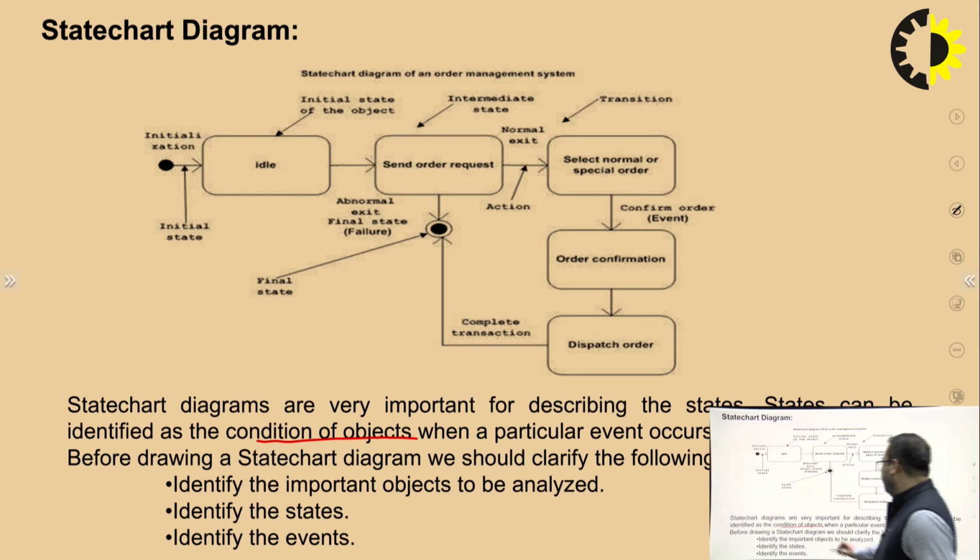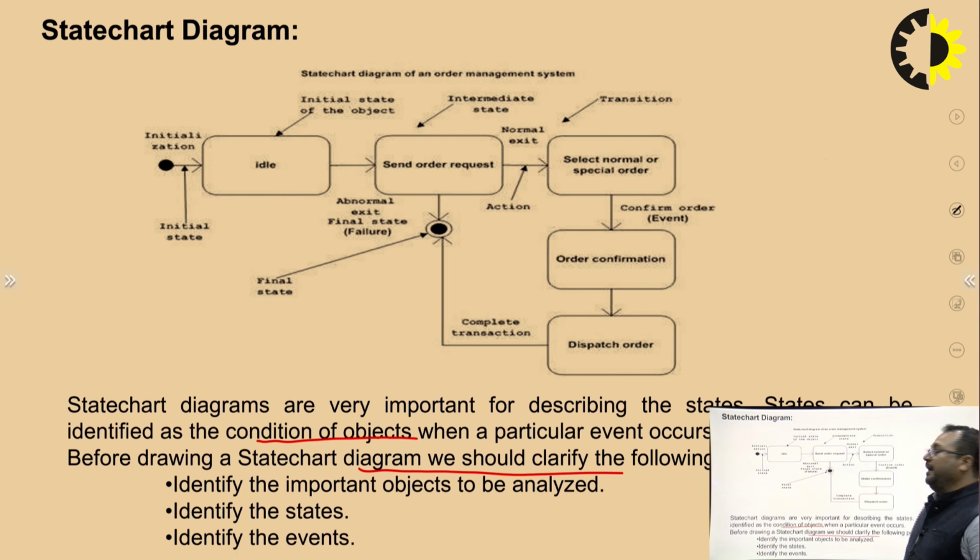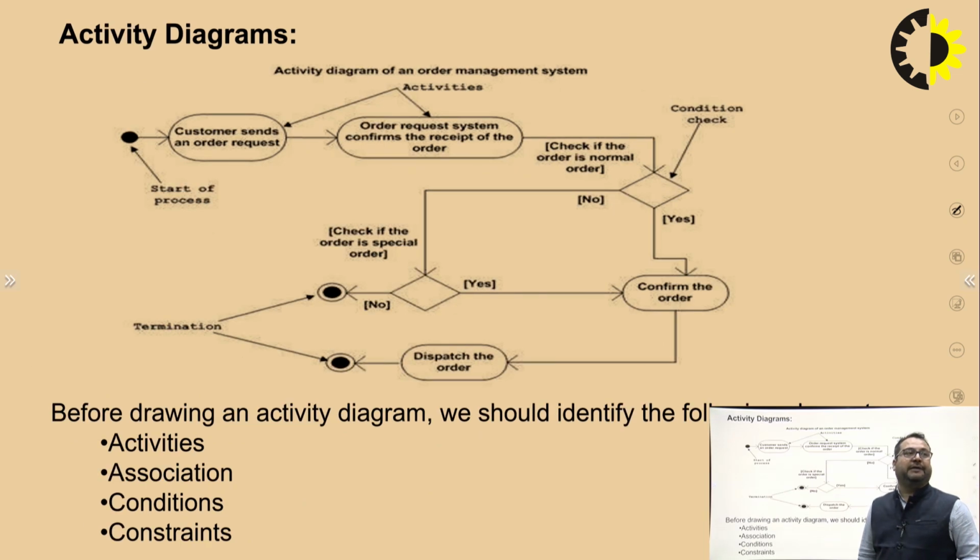Before drawing a state chart diagram, we should identify the important object to be analyzed, the states, and the events. Next is the activity diagram. Before drawing an activity diagram, we should have the following elements: activity, association, condition, and constraints.